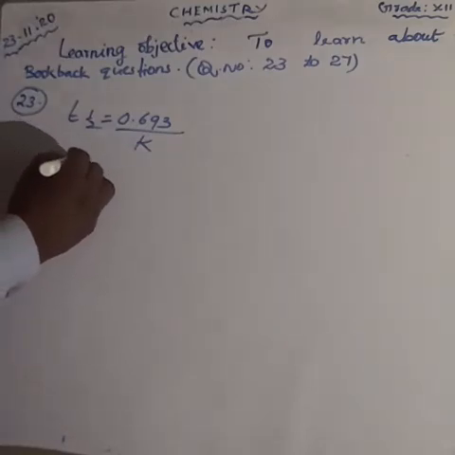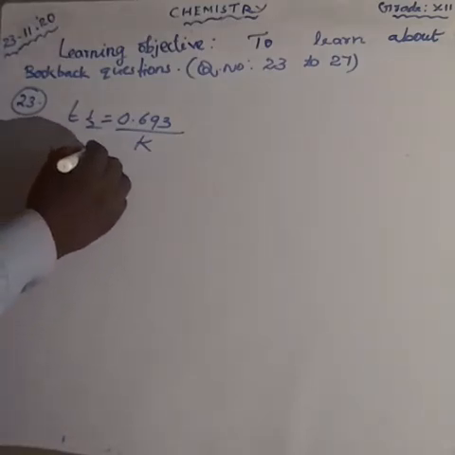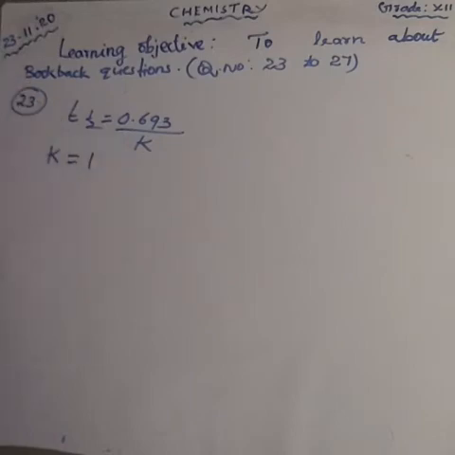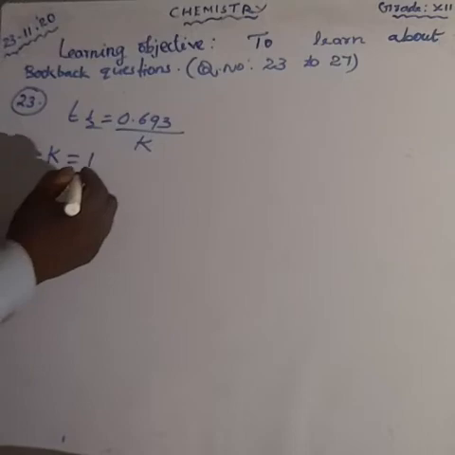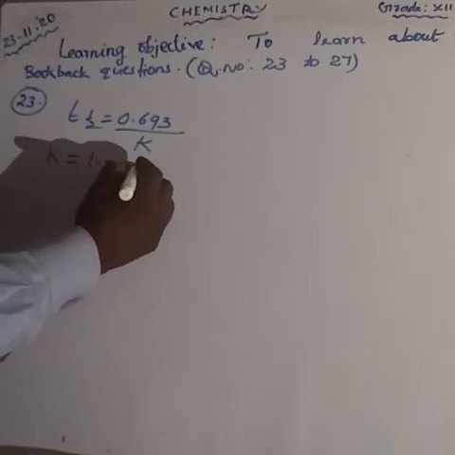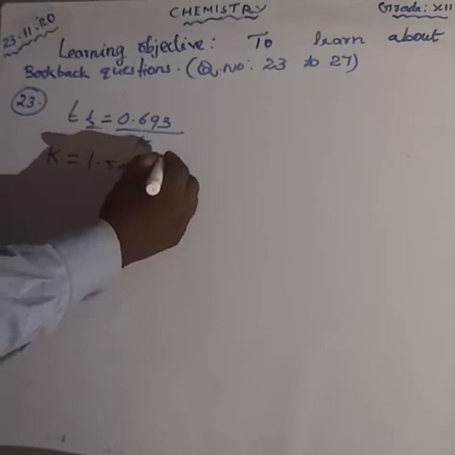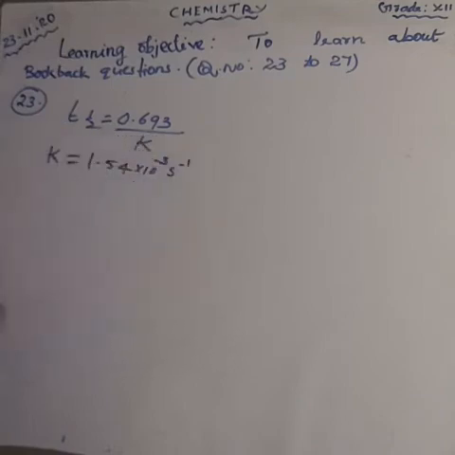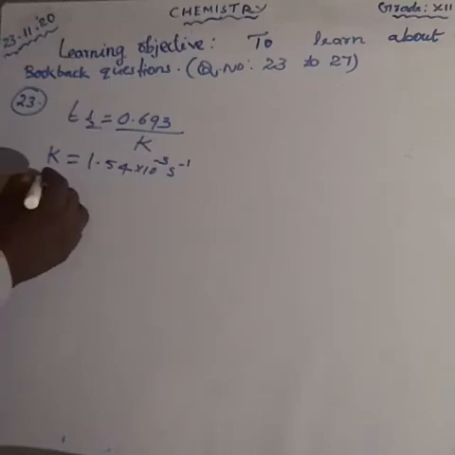Here, what is K? K is given for the first order reaction. What is the rate constant for the first order reaction? K is equal to 1.54 into 10 raised to minus 3 second inverse. So we substitute this one and calculate T half.